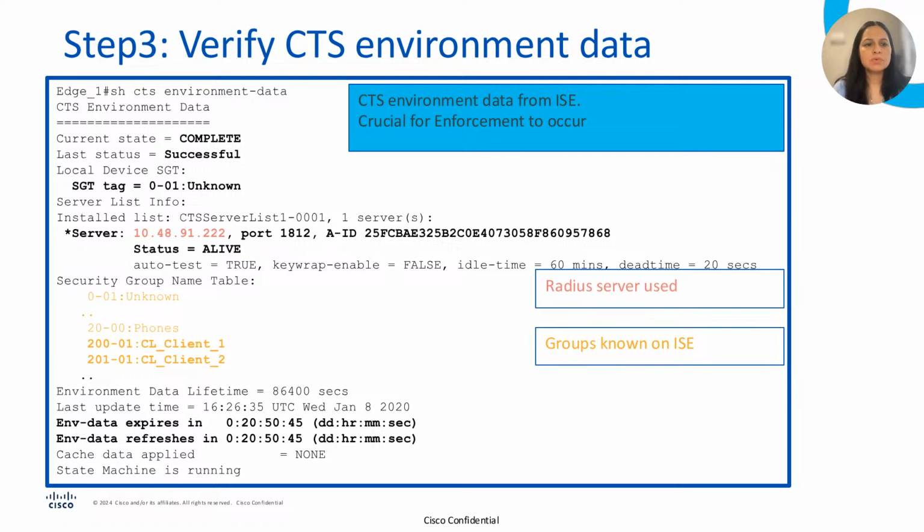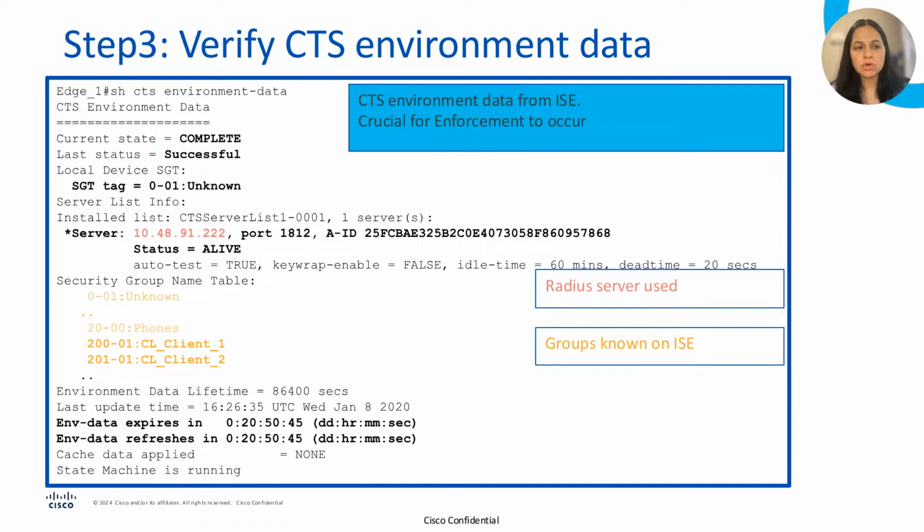Next thing, in order to troubleshoot any issue related to SGT assignment, is the TrustSec data. That needs to be verified as well, and that needs to be verified on the edge switch. To do so, we can use the command show cts environment-data, and that shows the initial data download from ICE to the switch.